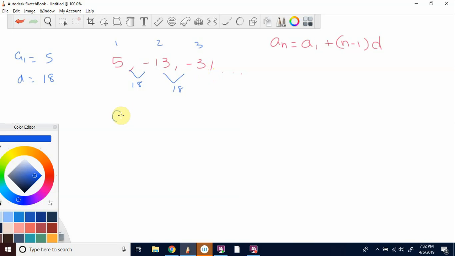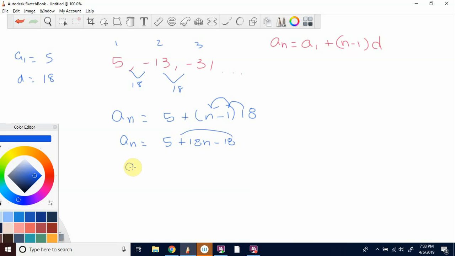So now we put in our formula: a of n is equal to 5 plus, since we're trying to find a formula, n minus 1 times 18. Now we're going to distribute and simplify this expression. So we get 5 plus 18n minus 18.